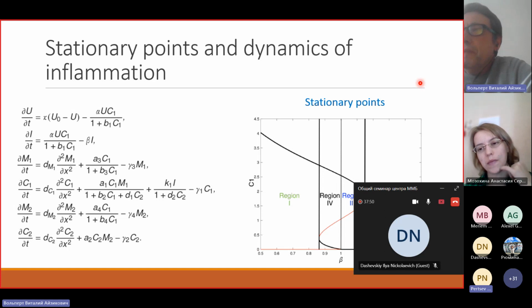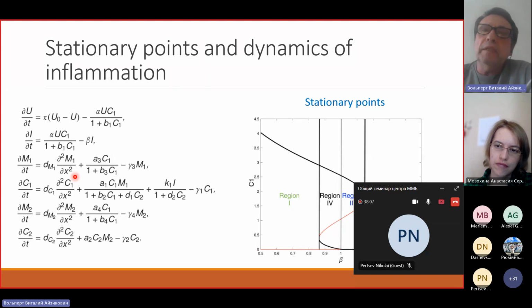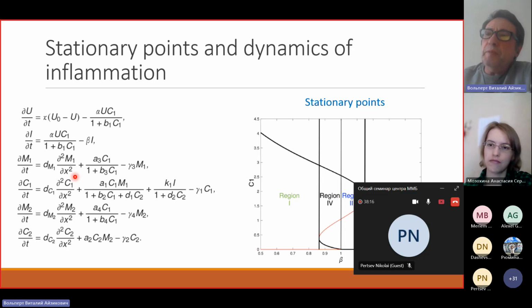Vitaly, yes. What do you mean by X? In the equations, X. Yes, I understand your question. Yes, this is what I'm saying, that we write this reaction diffusion system of equations. In fact, here X is just the space variable, and it corresponds to real physical space position.